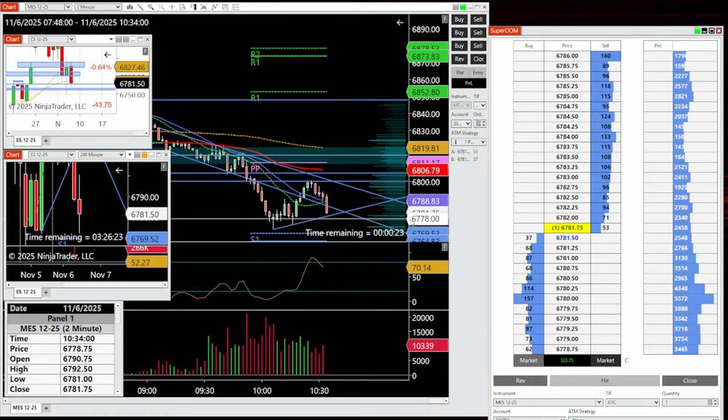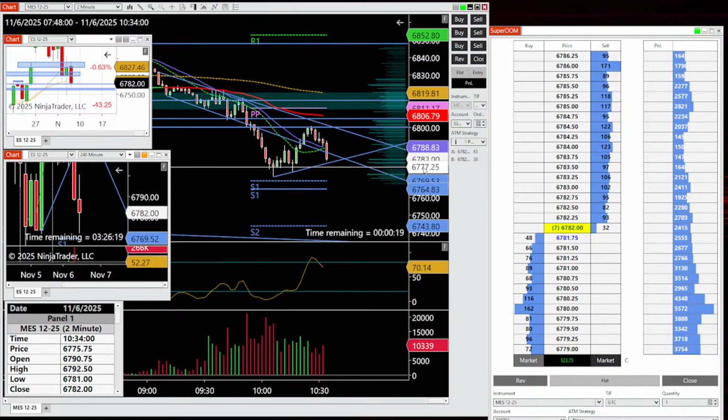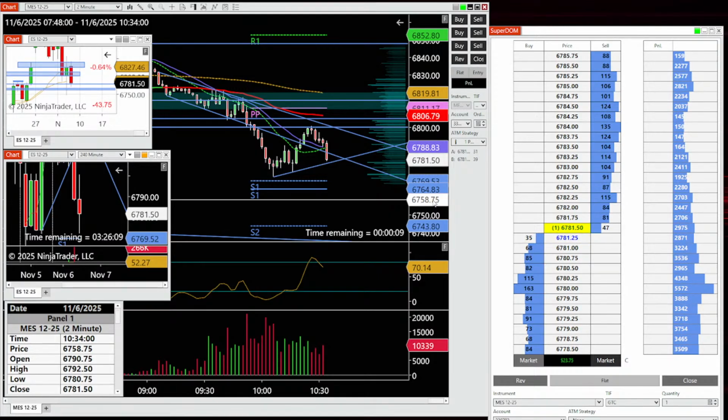Maybe some small, maybe some. Hold the trend line or no? Or is the market too heavy? Market too heavy to hold the trend line?